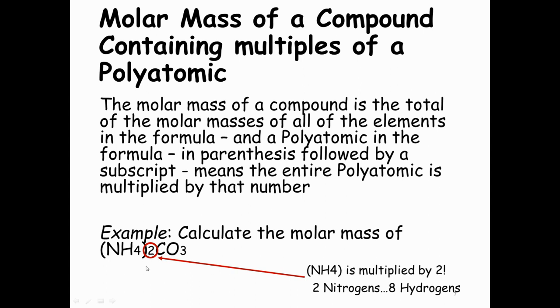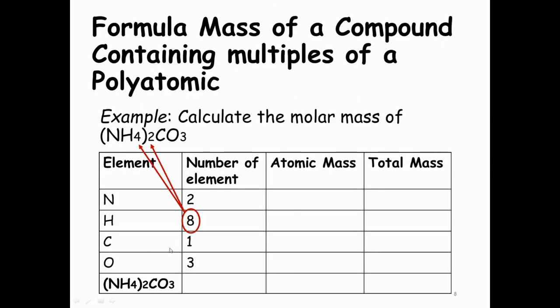So what happens, guys, is the subscript outside your parentheses distributes to everybody inside. So this 2, normally there's only 1 nitrogen and 4 hydrogen, but there's a 2 here, so everything would double. So that we would have 2 N's and 8 hydrogens, 1 carbon, 3 oxygen.